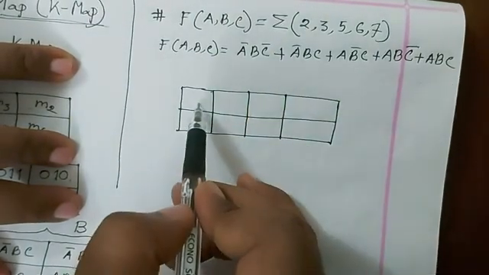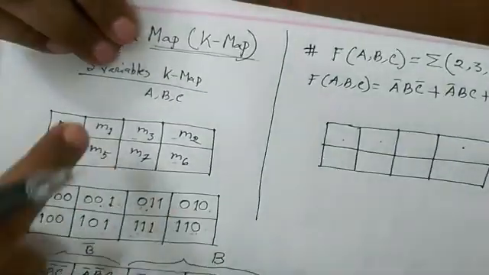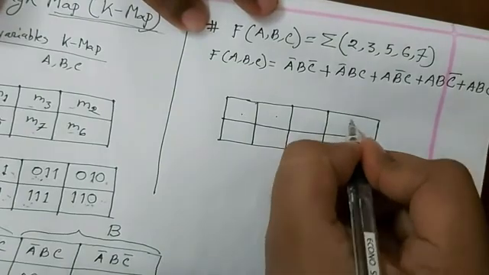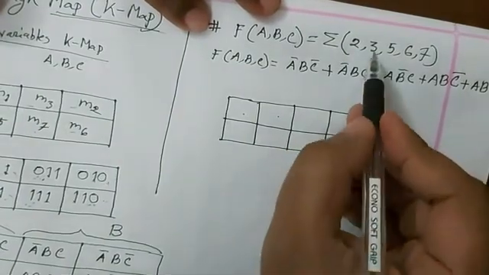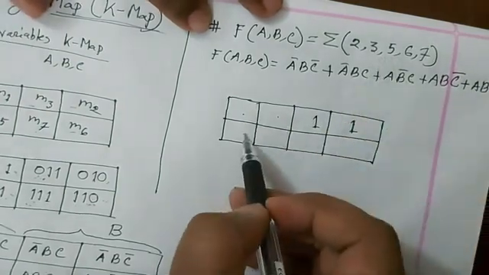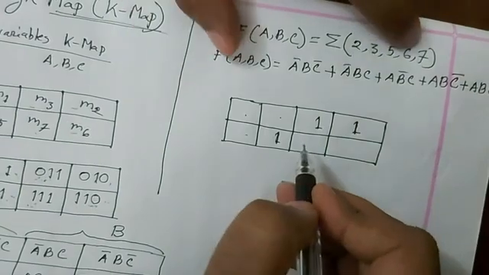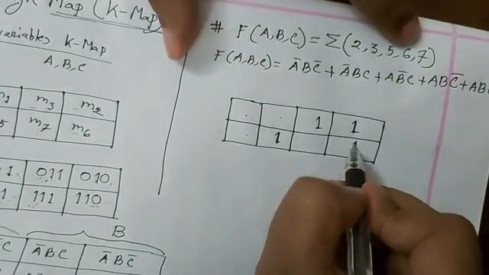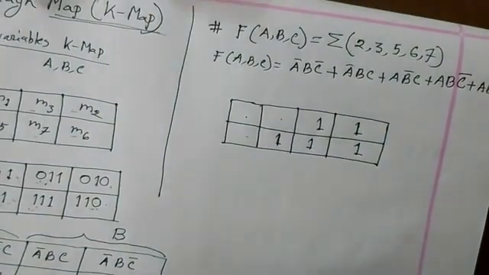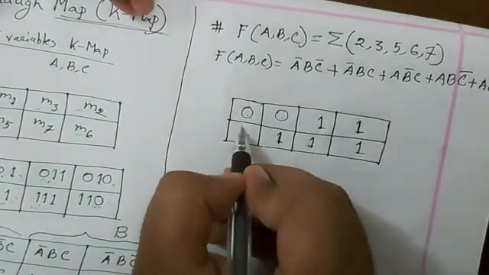This is m0, m1, m2 is here, if you remember this table. So we put a 1 here. Min term number 3 is here, so we put a 1 here. 4 is not there, then 5 is there, so 5 is here, and 6 comes here, and 7 comes here. So we put 1 in these places and the rest are zeros.